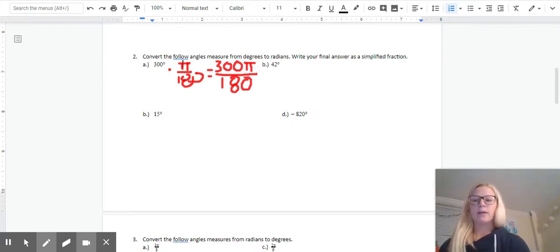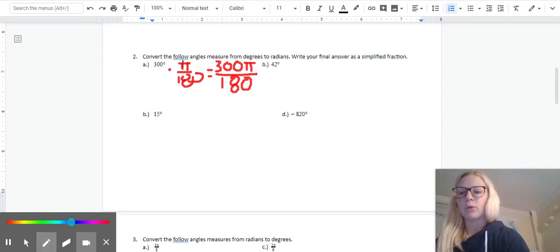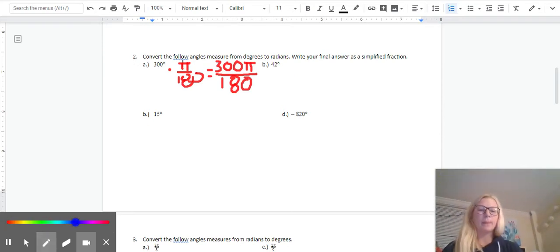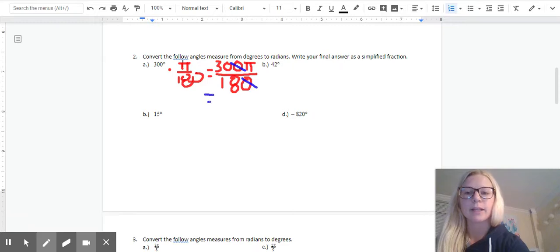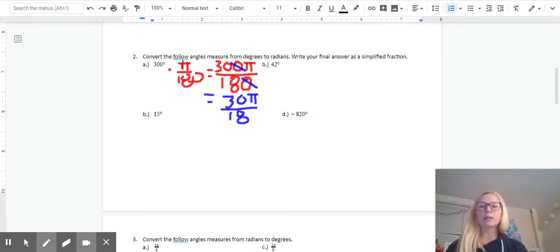is simplify it. So I'm actually going to change this to a blue marker to simplify. My favorite thing to do when both of my numbers end in 0 is start my simplifying process by just taking those off, because if you have two numbers that both end in a 0, you can do that.